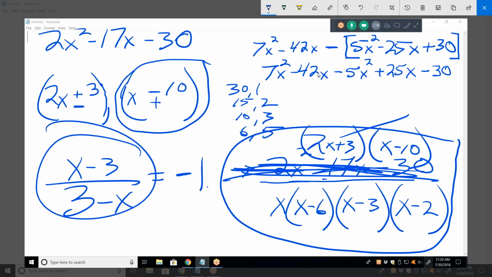Any other time, they have to be exactly the same. This one doesn't cancel out. It changes to minus 1, which is different, because if I had x minus 3 over x minus 3, that becomes plus 1.